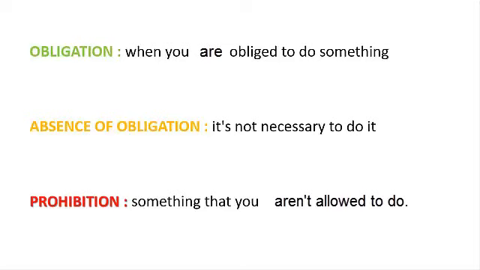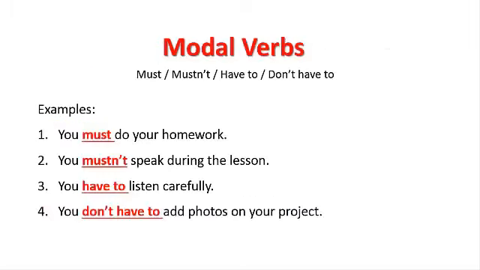You don't have the right to do it. It's prohibited. So this is prohibition. Now let's read the sentences again and you tell me which of the sentences expresses obligation, which expresses absence of obligation, and which expresses prohibition.